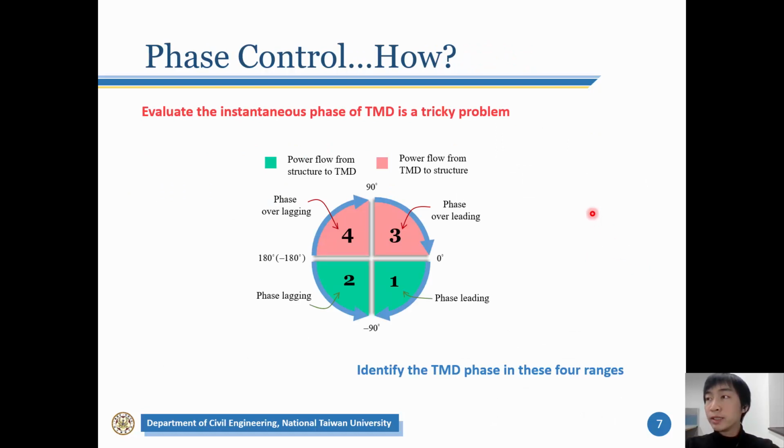So how do we control the tuned mass damper phase? Before controlling the tuned mass damper phase, we may want to know the instantaneous phase of the tuned mass damper when it's vibrating. However, we found that getting the tuned mass damper instantaneous phase in real time is a very difficult problem.